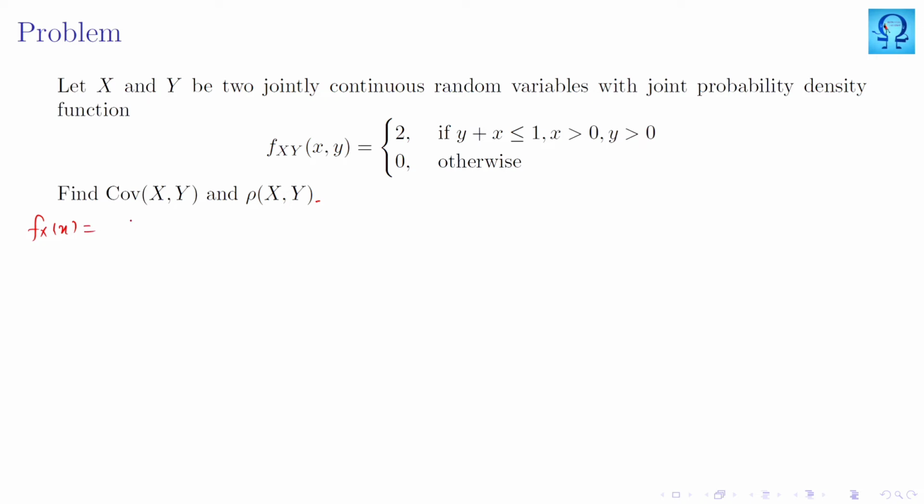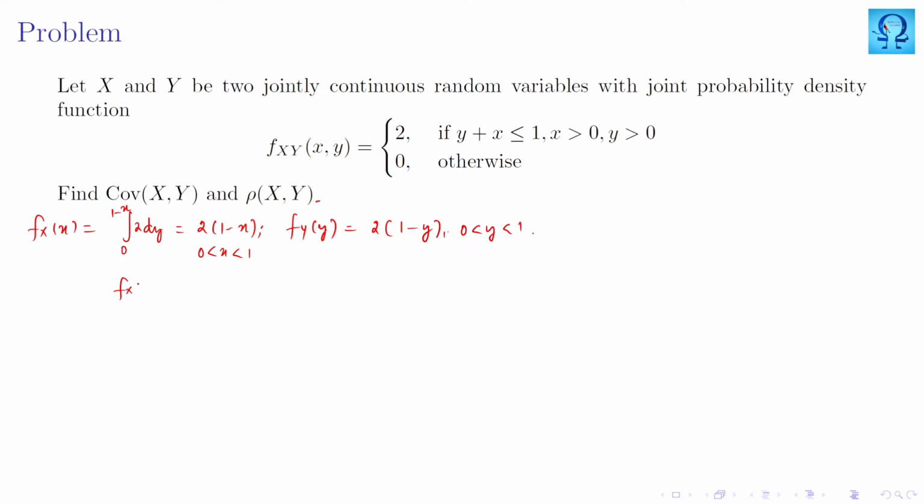If you calculate it, it is the integral from 0 to 1 minus x of 2 dy, which is 2 times 1 minus x. In a similar way, the marginal density of y is 2 times 1 minus y, each in the interval 0 to 1.